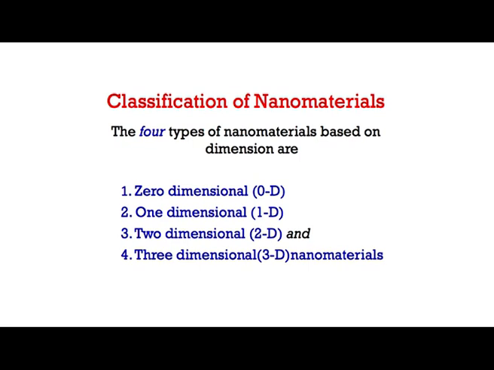Thus, based on the dimension based classification, there are four types of nanomaterials. They are zero-dimensional, one-dimensional, two-dimensional and three-dimensional nanomaterials.